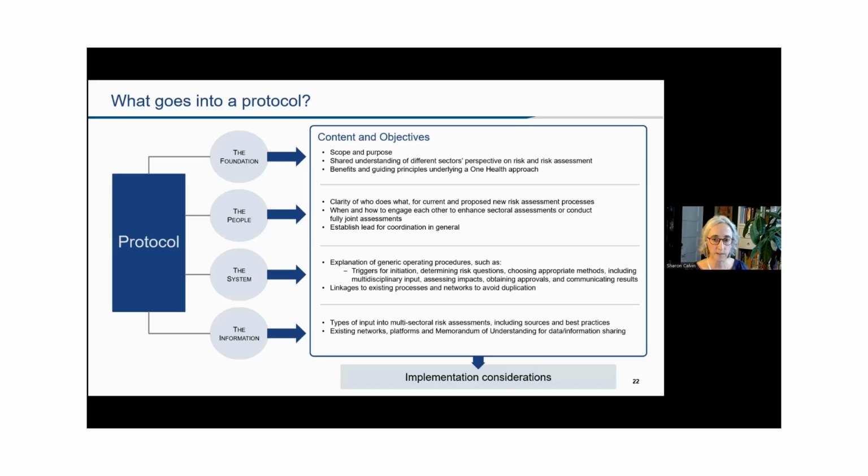There will be a section on the people, so clarifying roles and responsibilities, a section on the system, and so we've offered some generic operating procedures, for example, for triggers for initiation, determining risk questions, choosing the appropriate method. We have a section on the information, and so that's really discussing types and sources of information and best practices for information sharing. And then there's a section on implementation considerations.